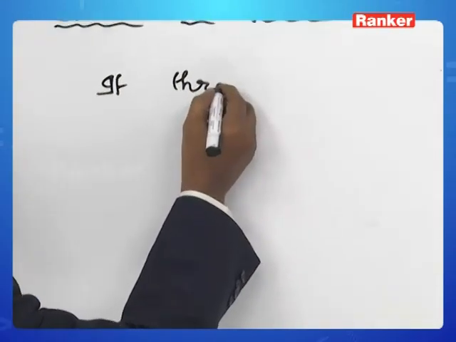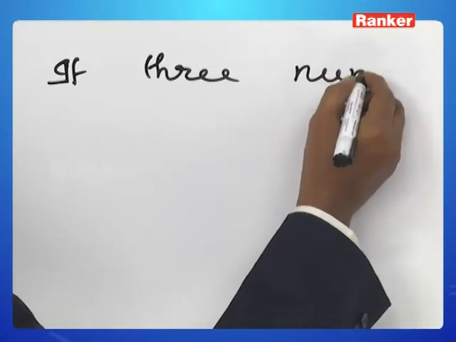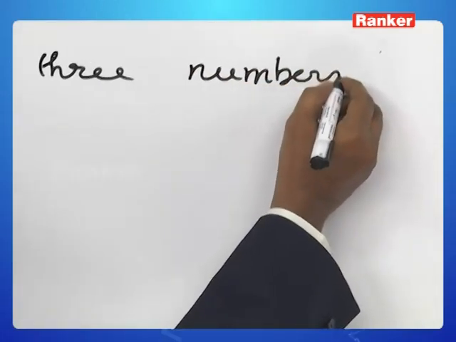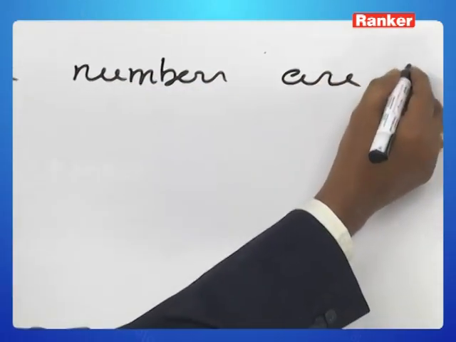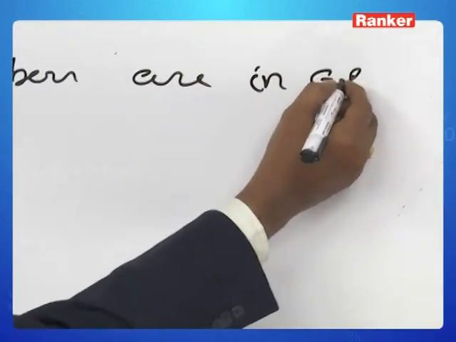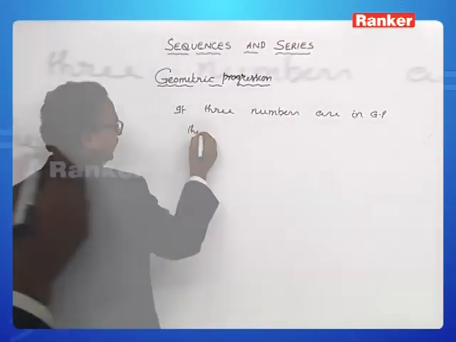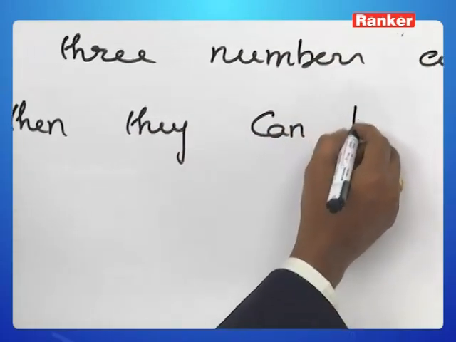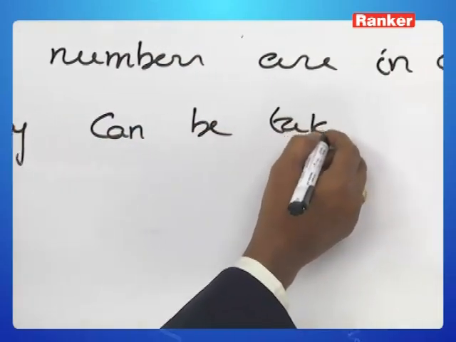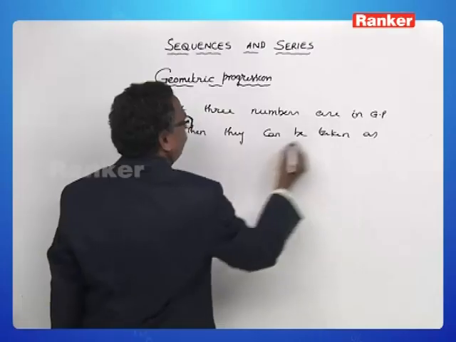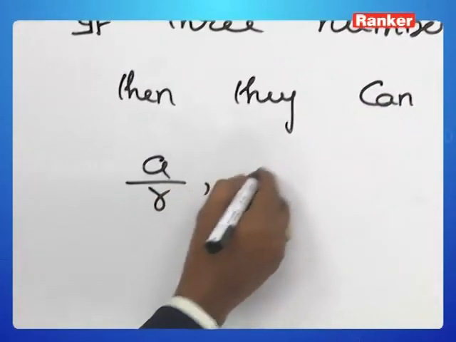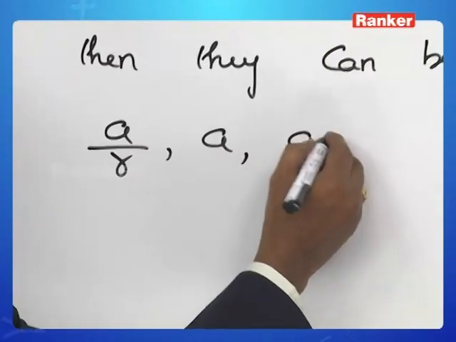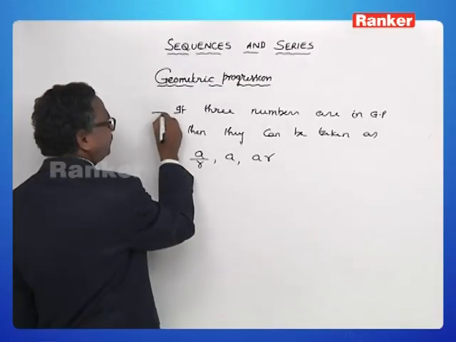If three numbers are in GP, then they can be taken as A by R, A, AR.